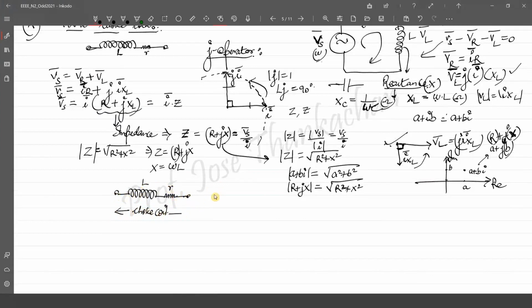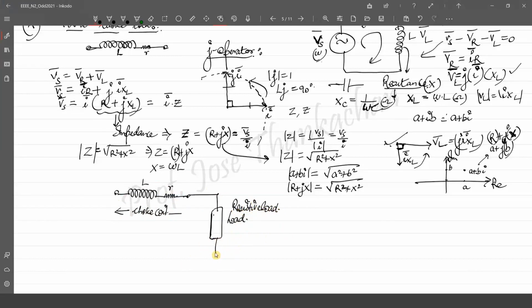Now to this choke coil, I'm going to connect a load in series. In the experiment, we are going to connect a resistive load here.